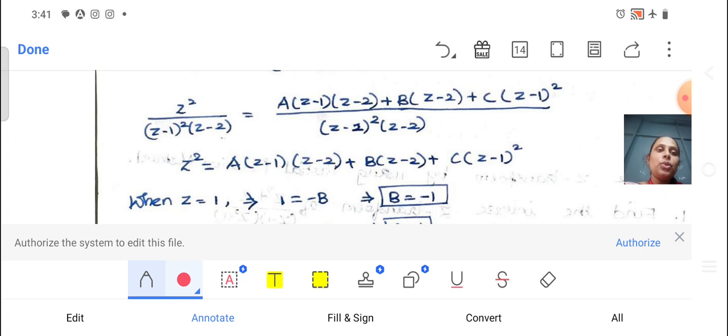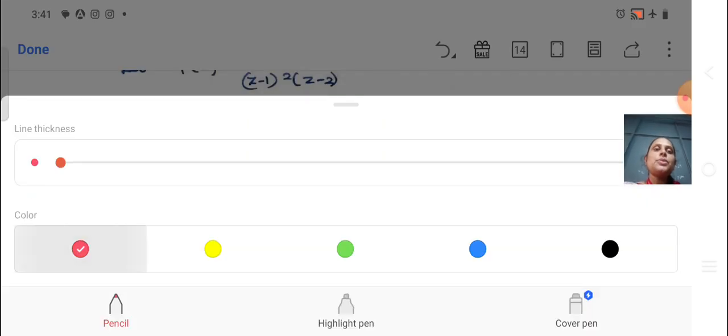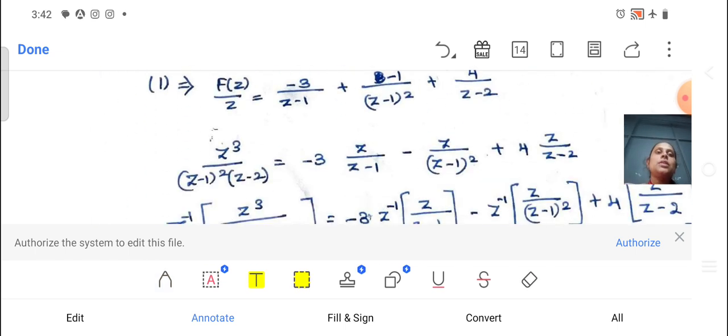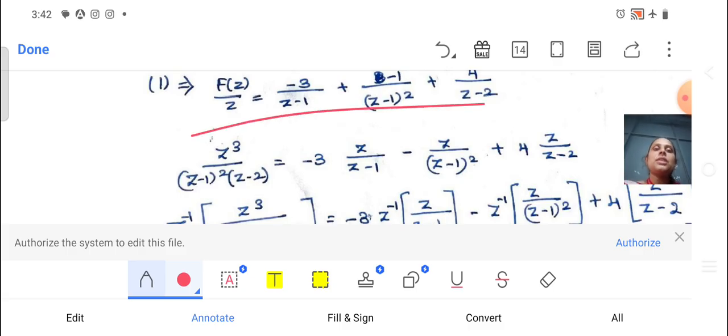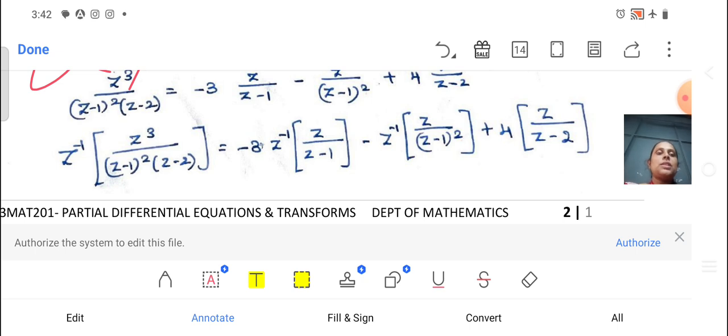Then we substitute the A, B, C values into the equation. Next, taking the Z inverse and using the formulas, the answer is Z inverse of z divided by (z − 1), minus Z inverse of z divided by (z − 1)², plus 4 into z divided by (z − 2).